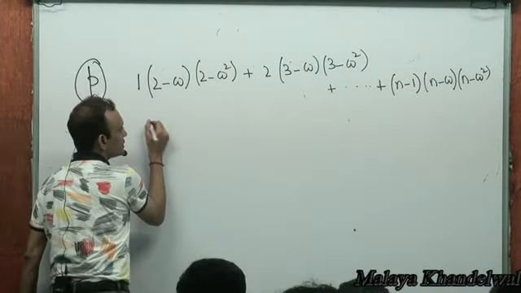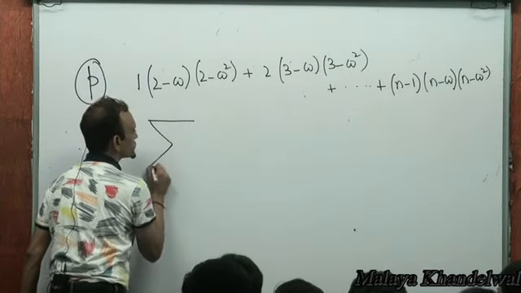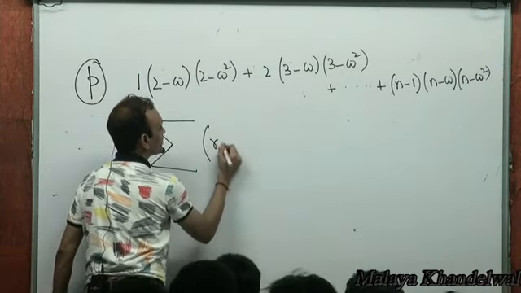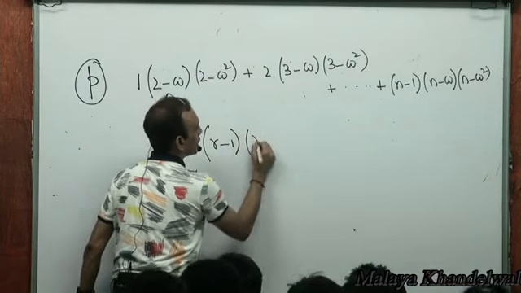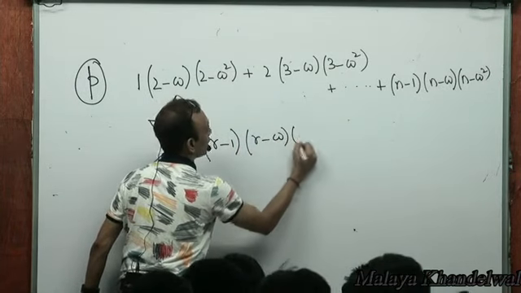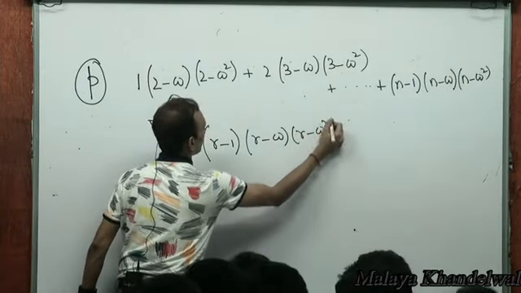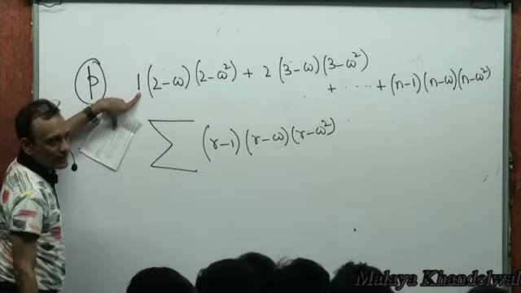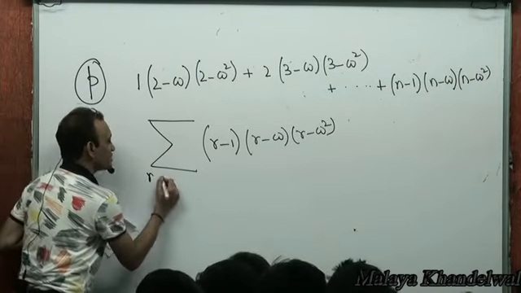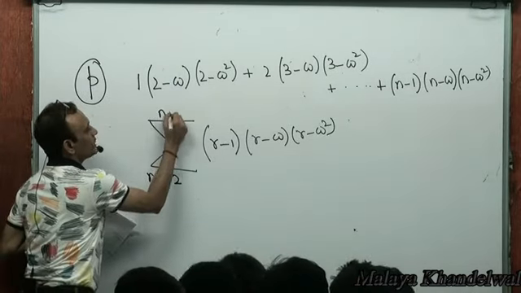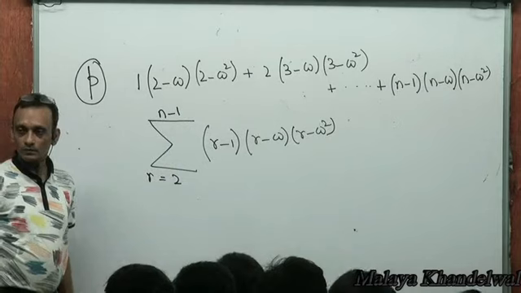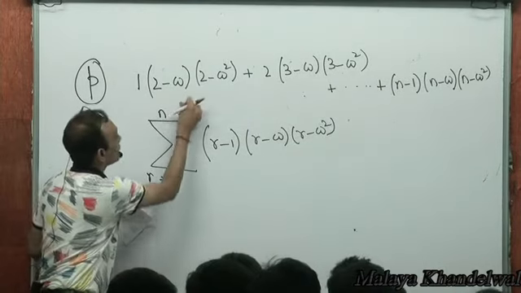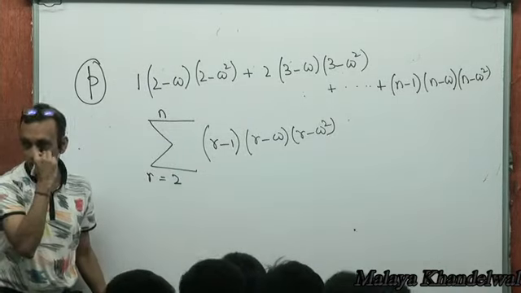So do you realize that this is actually summation of terms of the kind r minus 1 into r minus omega into r minus omega squared, where r ranges from 2 to n, yes or no?